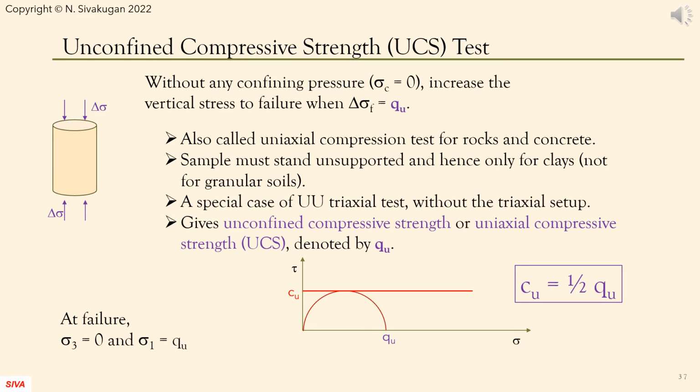The vertical stress delta sigma is increased until the specimen fails, and the failure stress is known as unconfined compressive strength or UCS, denoted by Q sub U. In terms of total stresses, the failure envelope is horizontal and hence Cu equals half Qu.